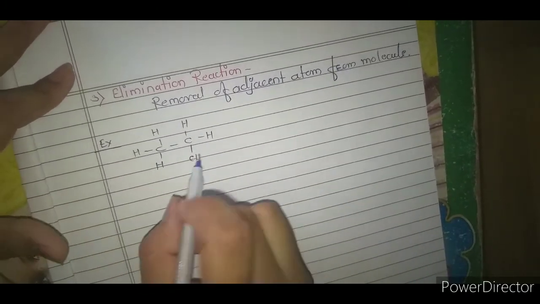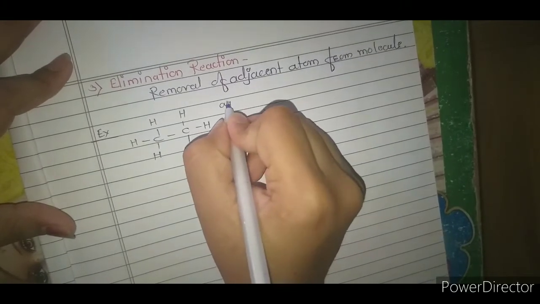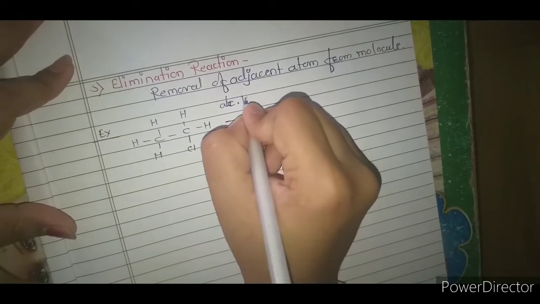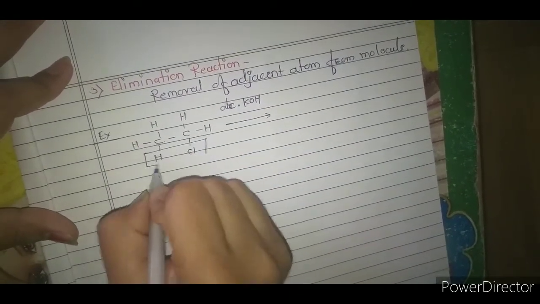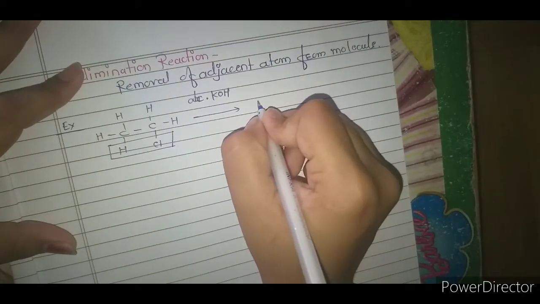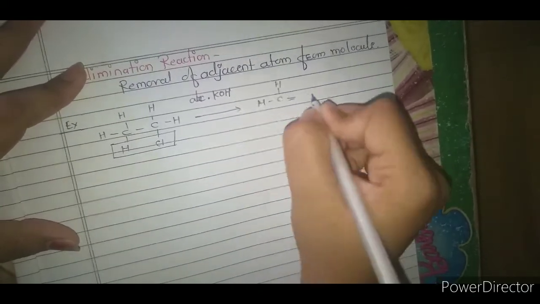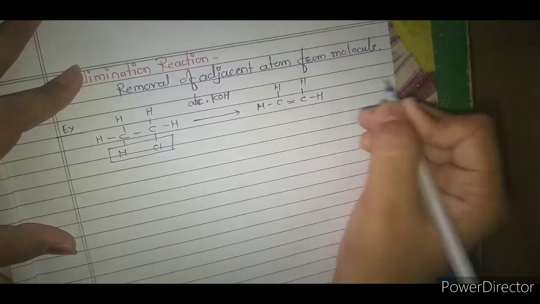So it is your ethyl chloride in presence of alcoholic KOH. This HCl is removed and forms this compound.